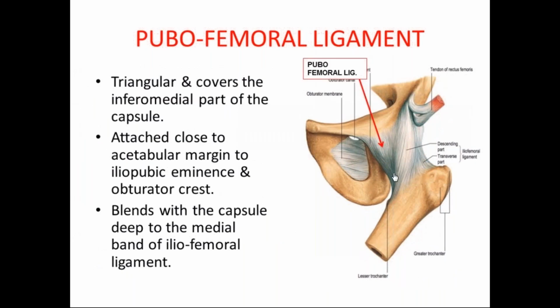The pubofemoral ligament is supporting the joint inferomedially. It is a triangular shaped ligament. Superiorly, it is attached to the iliopubic eminence, the obturator crest, the obturator membrane. Inferiorly, it is merging with the anteroinferior part of the capsule and with the lower band of the iliofemoral ligament.